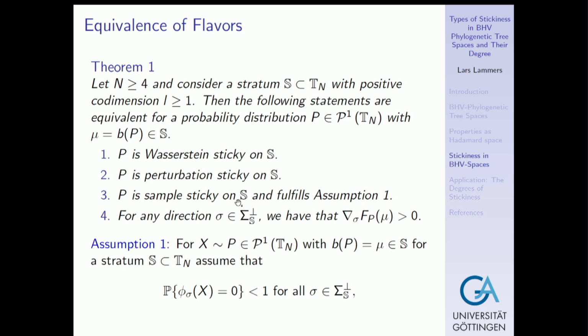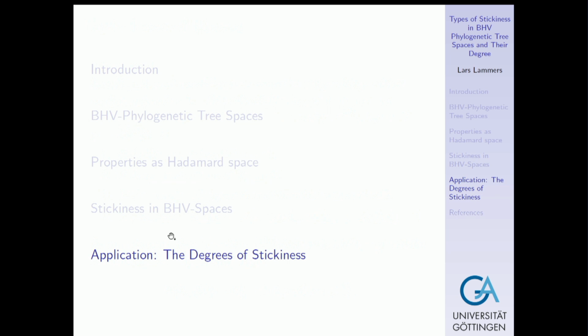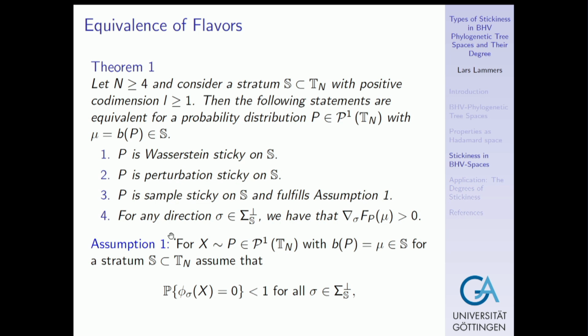However, in the case of sample stickiness, you need to assume something on the support of the distribution. Basically, what this assumption 1 tells you is that you should be in a suitable BHV space. You shouldn't add additional leaves to your space that are redundant, so that your distribution doesn't live in a subspace of the space.